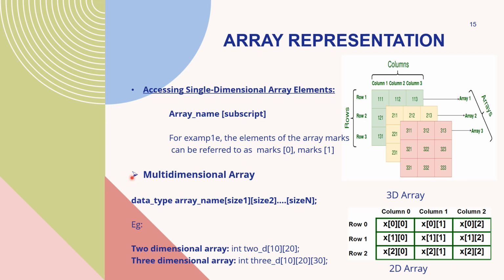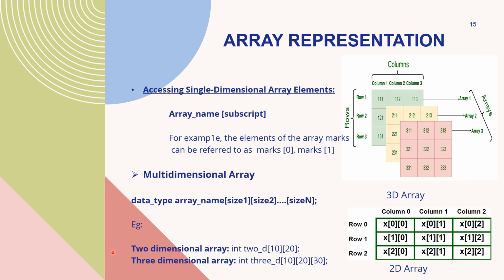Okay, so multi-dimensional array. As I told, multi-dimensional array is nothing but 2D and 3D and so on. It represents a matrix. So it requires multiple subscripts. As you can see in this given syntax, that is data type, then array name followed by the multiple subscripts as you require, 1, 2, 3, and so on.